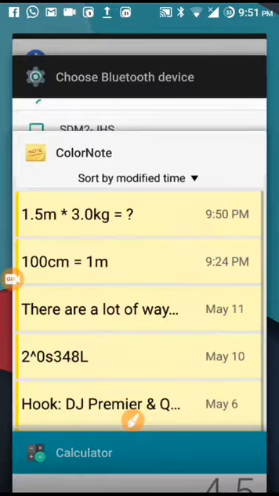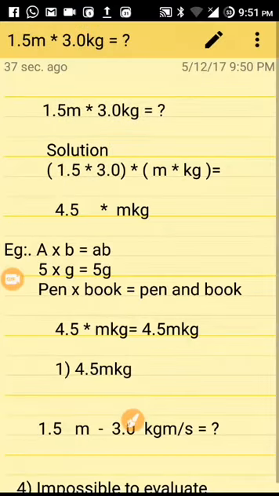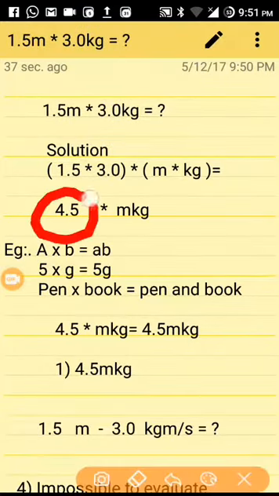So you have 1.5 times 3.0 and we are going to get 4.5. Are we there? Good. When I check it against mine, yes, this is 4.5.